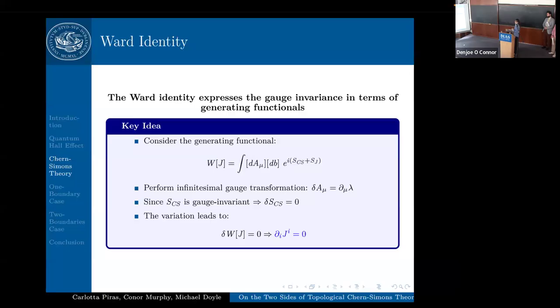So the Ward identity, which is just a functional way to express the gauge invariance, is indeed how the gauge invariance manifests in the quantum theory. The key idea is to start with the generating functional W of J, which contains the Chern-Simons action again and a source term, Sj. Then we perform an infinitesimal gauge transformation delta A mu equal to partial mu lambda.